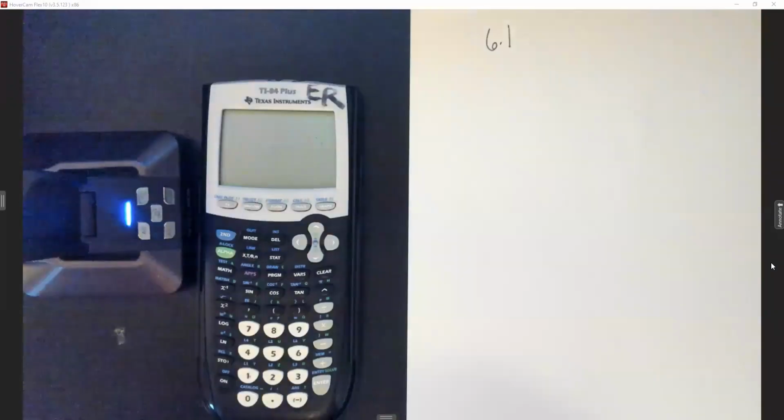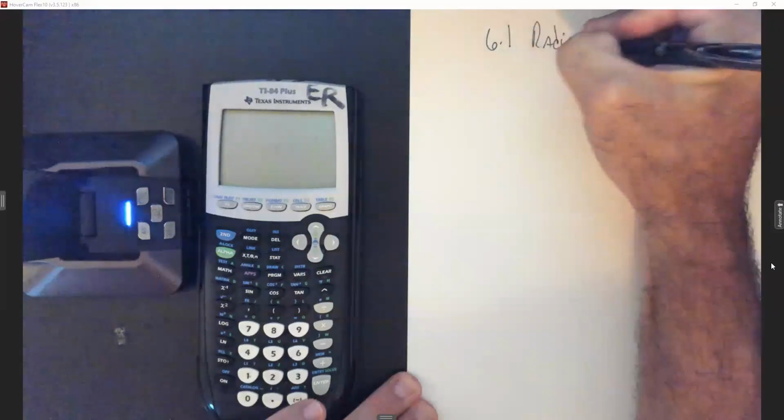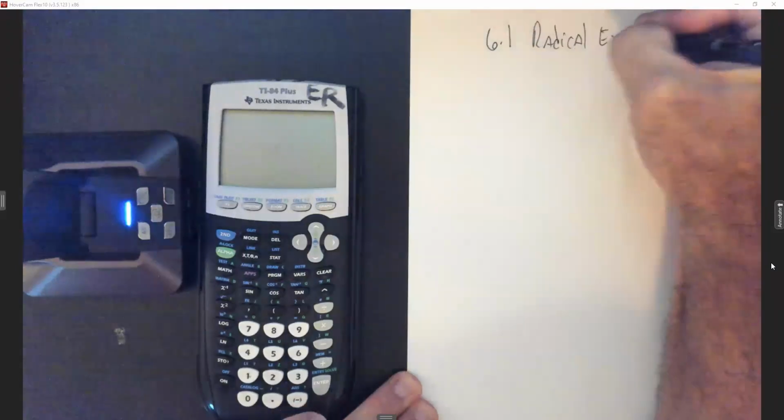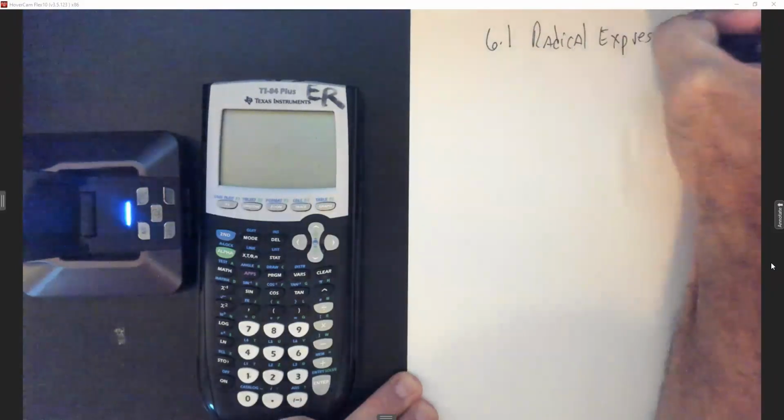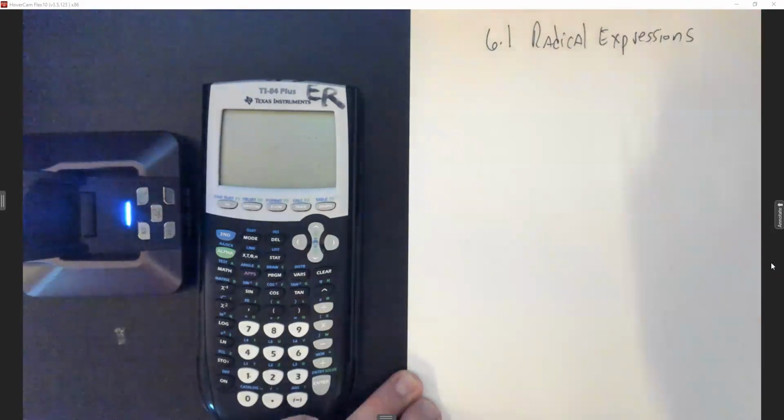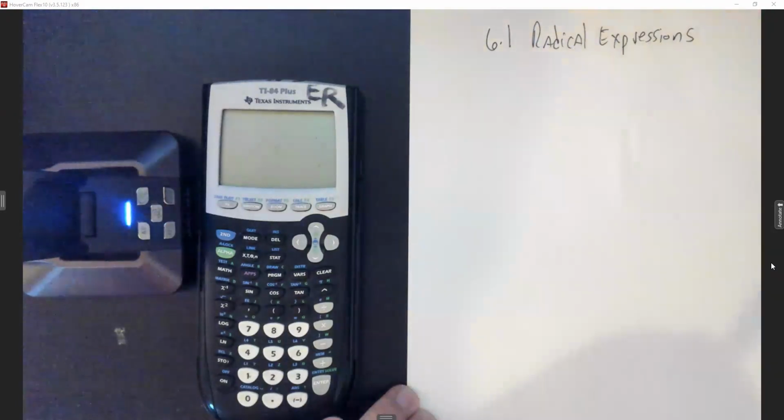All right, 6.1 is radical expressions. There's one problem where we find the domain, and then the rest of them are just showing you how to graph on that calculator, okay?